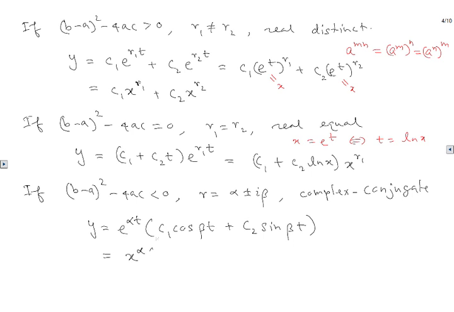and here you can write this as c1 cosine beta ln x plus c2 sine beta ln x, since t is equal to ln x. So that's how the general solution looks like when b minus a squared minus 4ac is negative.